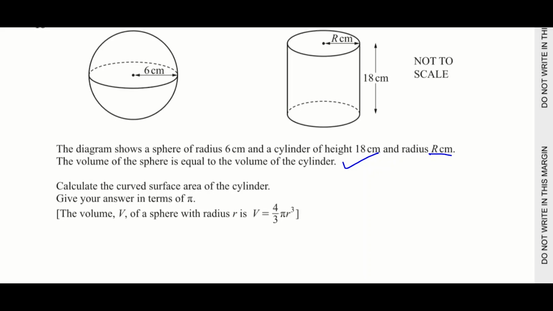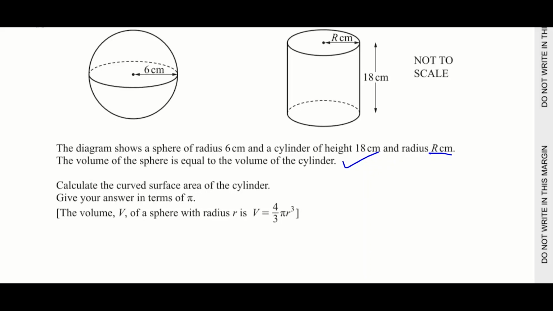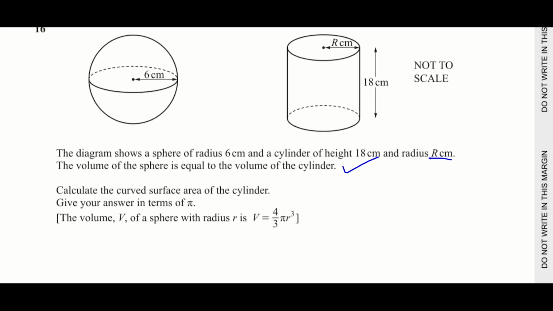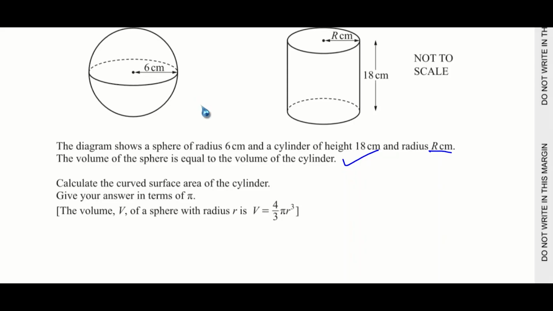The volume V of a sphere with radius r is given as 4 over 3 pi r cubed. So you can start from this statement. The volume of a sphere, 4 over 3 pi r cubed, is equal to the volume of a cylinder. The volume of a cylinder is the base area times the height.